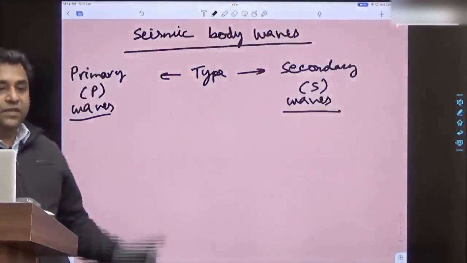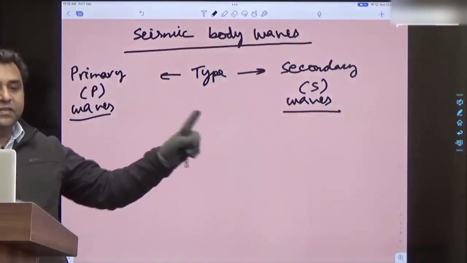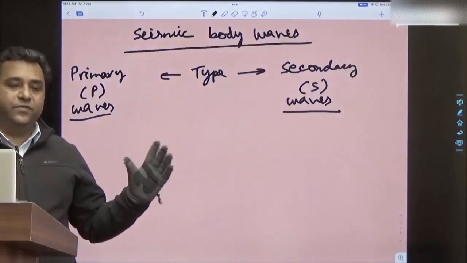So we have the primary P waves and the secondary S waves.